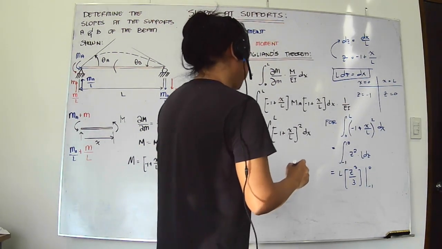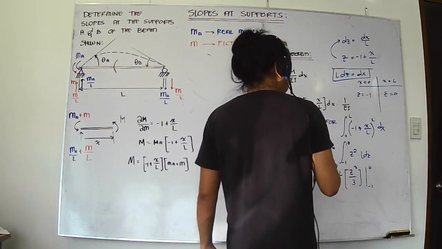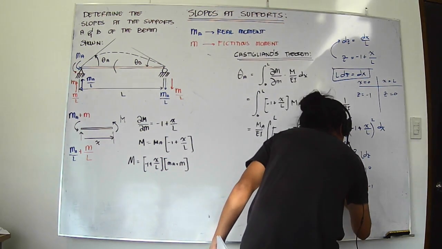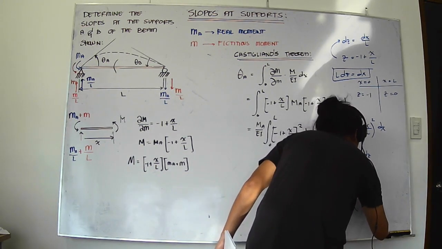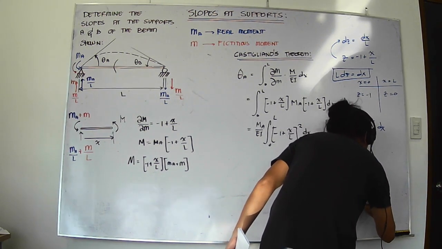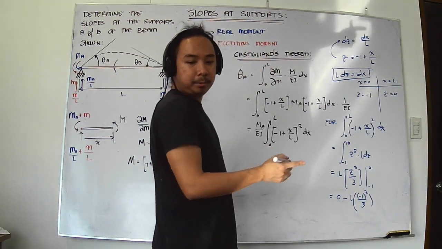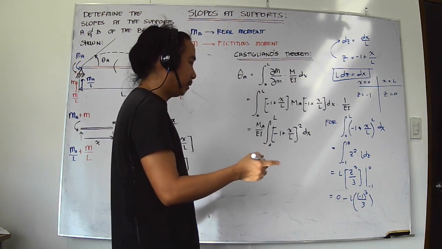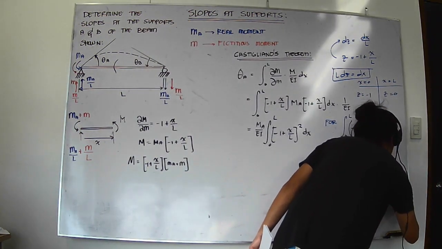So in this case, this is 0 minus L times negative 1 cubed over 3. Negative 1 cubed is negative 1, and with the negative sign, that is positive. So this is just L over 3.